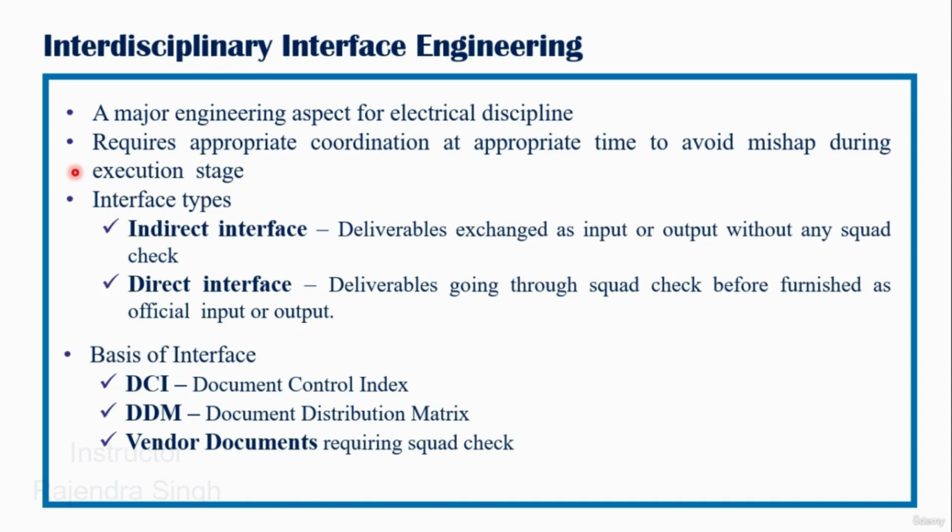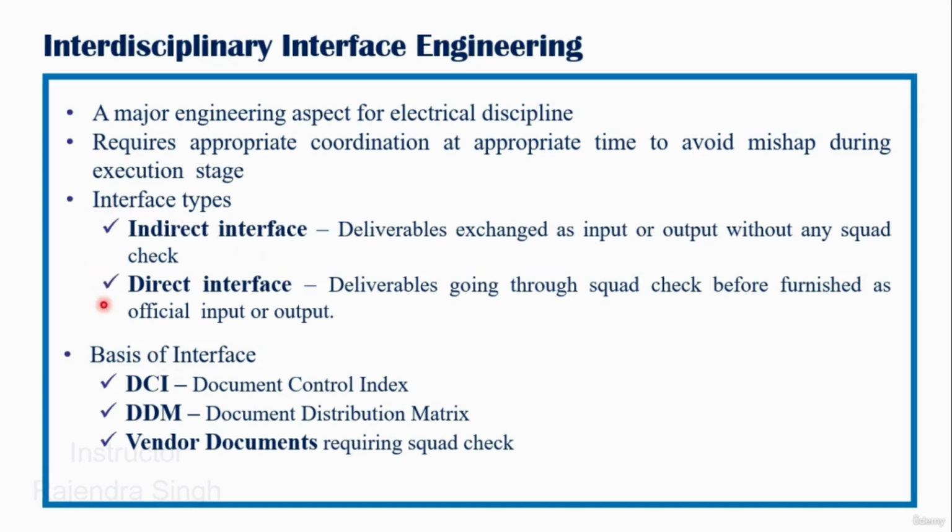Interfaces are broadly divided into two categories, the first being indirect interface and the second direct interface. While indirect interface refers to deliverables which are exchanged as input or output without any squad check, that is interdisciplinary check, direct interface specifies the deliverables that have to undergo a squad check or IDC check before they are furnished, populated or shared out of office to the client.